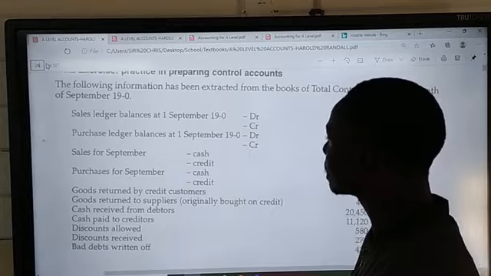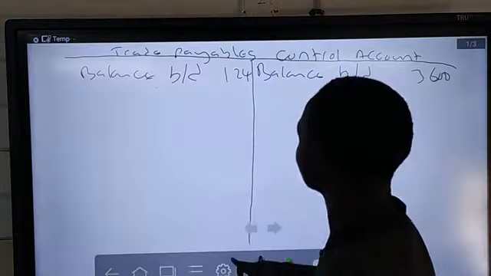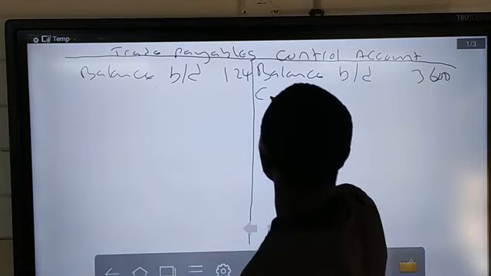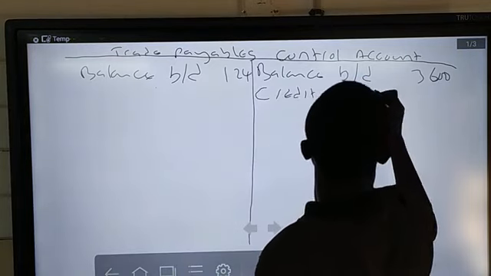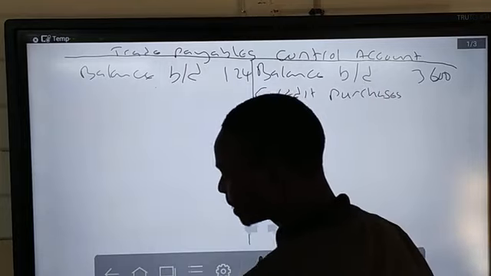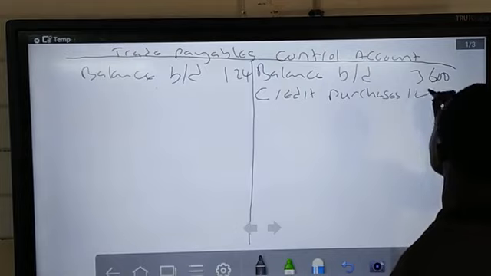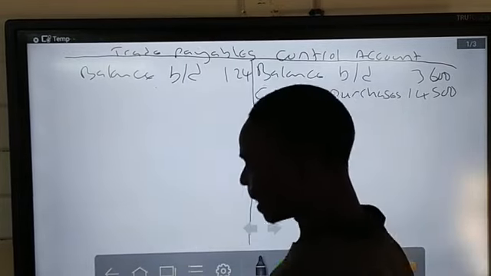So let's record credit sales and credit purchases. Here we record our credit purchases, which is 14,500.